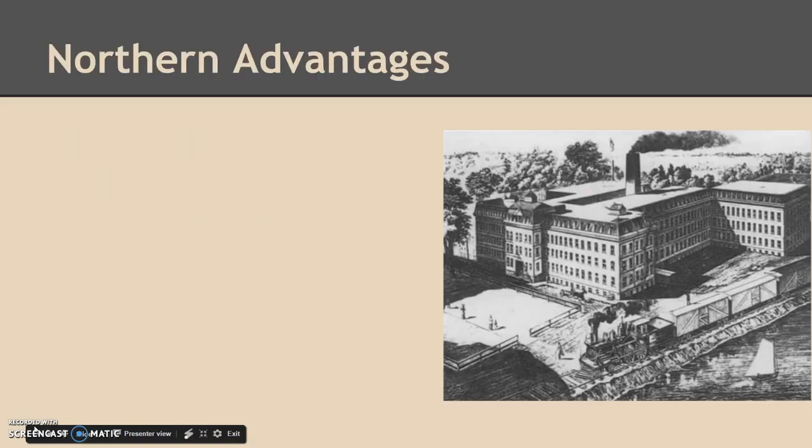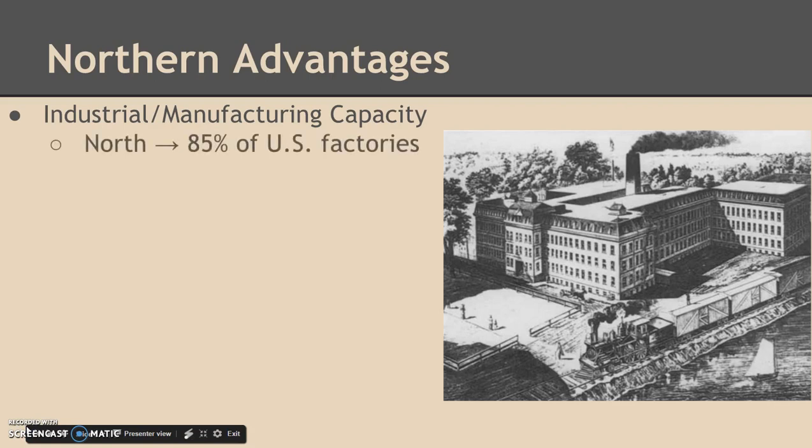So we're going to have some advantages and disadvantages. I know we did some of this in class, but it never hurts to have a bit of a refresher. We're going to have to mobilize our resources for war. The North, of course, had the most industrial and manufacturing capacity with 85% of factories on northern soil.